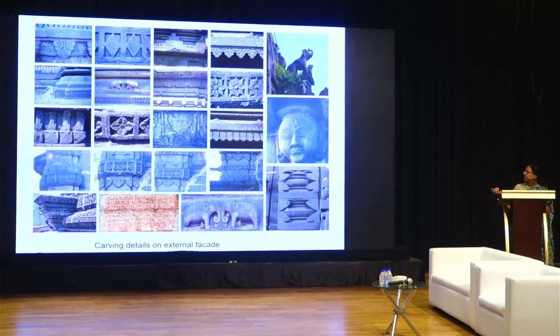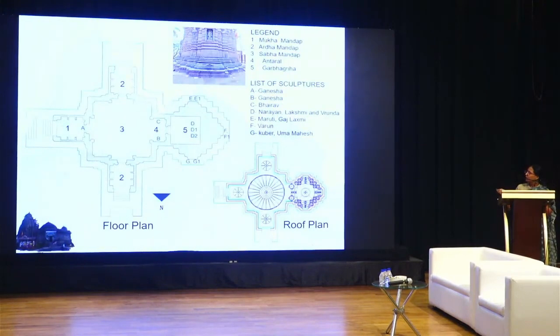There is one inscription just above the main Mukhamandapa mentioning the age, the construction era and the person who executed the temple. The plan is along an east-west axis, like other temples.